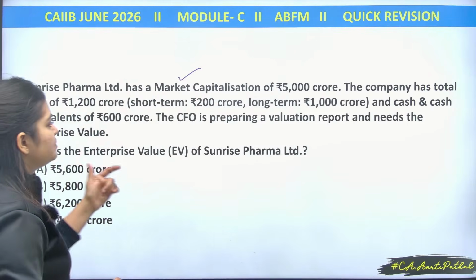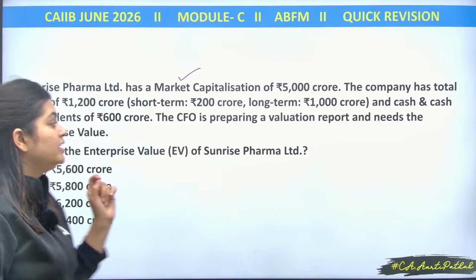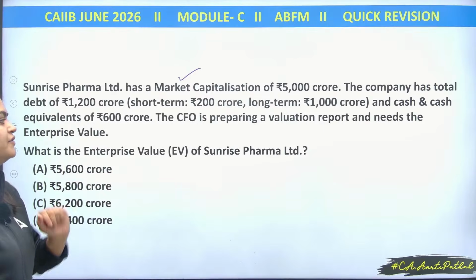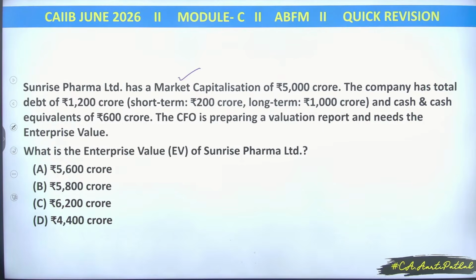Now the CFO is preparing a valuation report and needs the enterprise valuation. What is the enterprise valuation of Sunrise Pharma Limited? You have four options and you need to select which is the right answer here. This one is your numerical question. So please everyone, it's a request to please try to solve it. This one is from the first unit of Module C, that is corporate valuation.